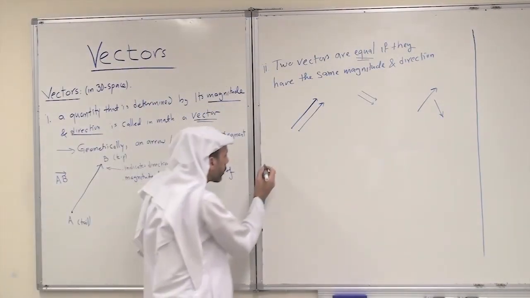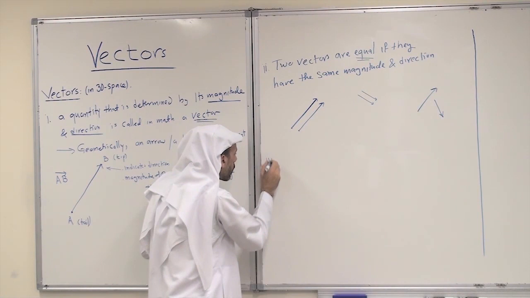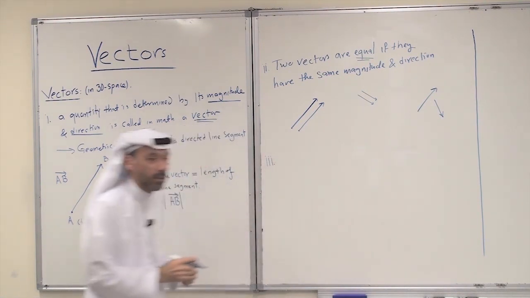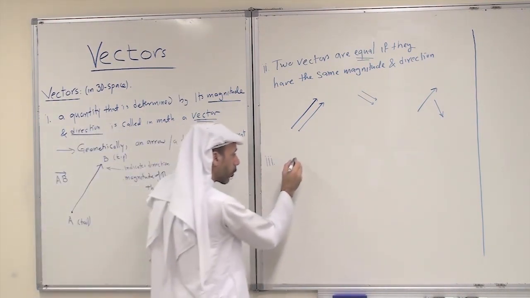Now the third point is the following. We consider now special types of vectors, the vectors that start from the origin.